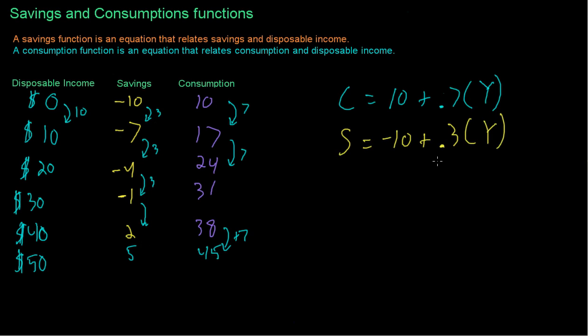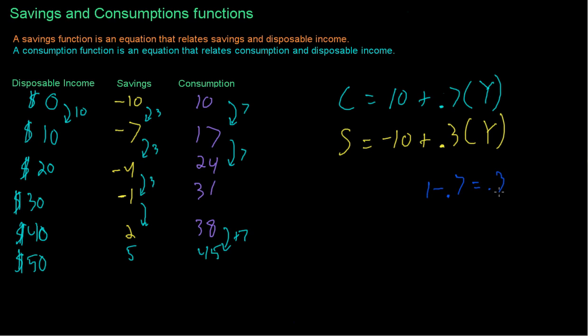So what did I mean when I said you could just take the inverse of the consumption function? Well, one way to look at taking the inverse is that you can flip the sign of the intercept, and then for the slope you can do 1 minus the slope of the consumption function to get the savings function. So 1 minus 0.7 is equal to 0.3.